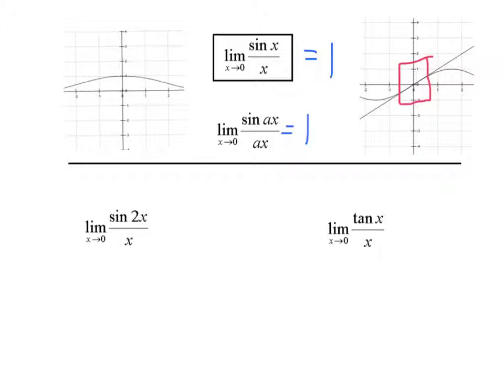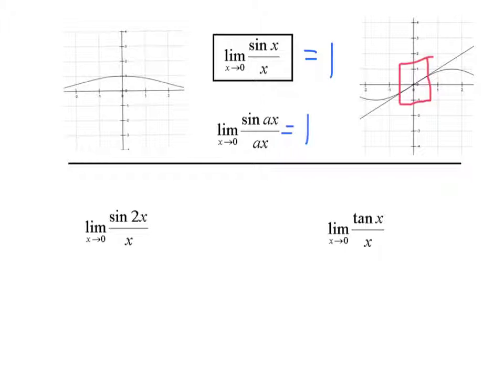And remember, a limit is what you're approaching. So near 0, sine x and x are approaching the same exact thing, and that's why it's approaching 1, because they look so much alike at 0. So as I said, as long as the coefficients are the same, you can just say it's 1.